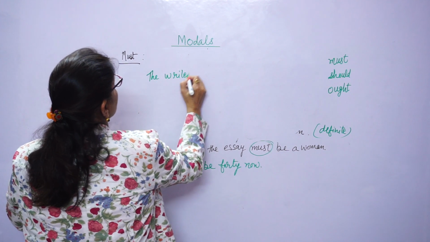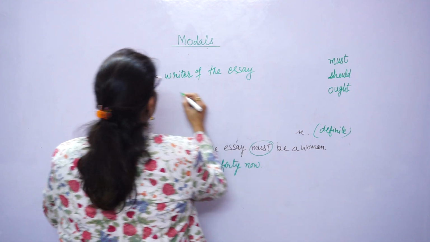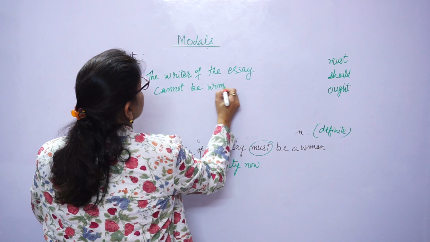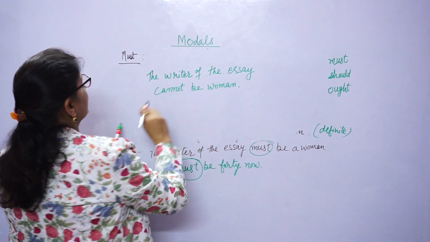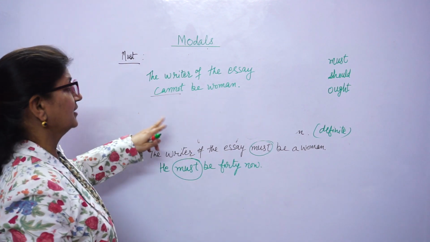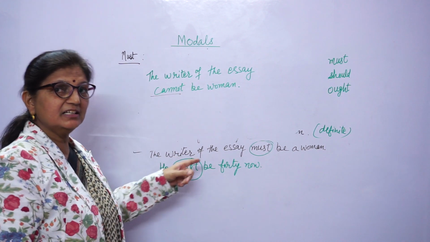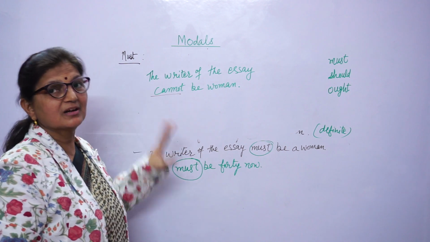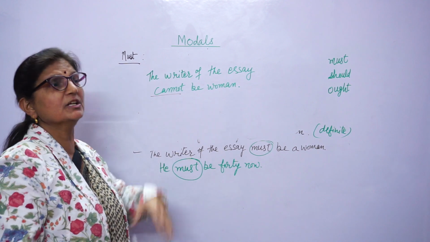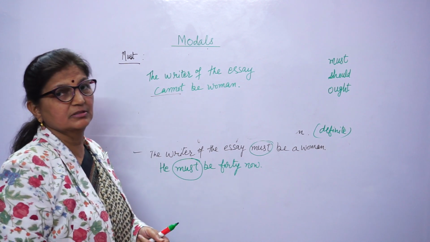The writer of the essay can't be a woman. Then you will use can't. If something is not true, then can't. You will not say the writer of the essay must not be a woman. In declarative must, but in negative can't. He can't be 40 now. He seems younger or much older. Then you will say he can't be 40 now. You will not use must.